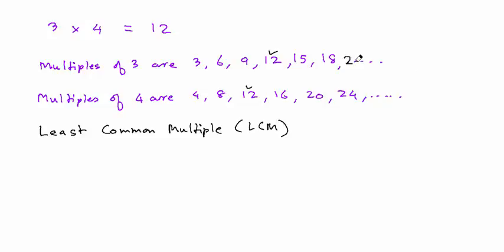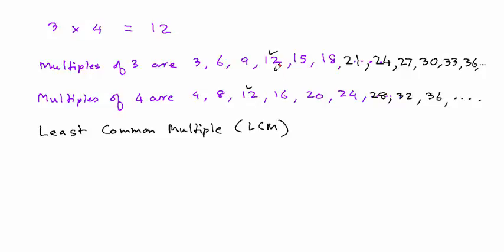Let's say the next number is 21 after 18. 3 times 7 is 21. And we have a 24, then a 27 and 30 and 33 and 36 and so on. Similarly, for 4, after 24 we could go on for a few more numbers, maybe 28 and 32 and 36 and so on.